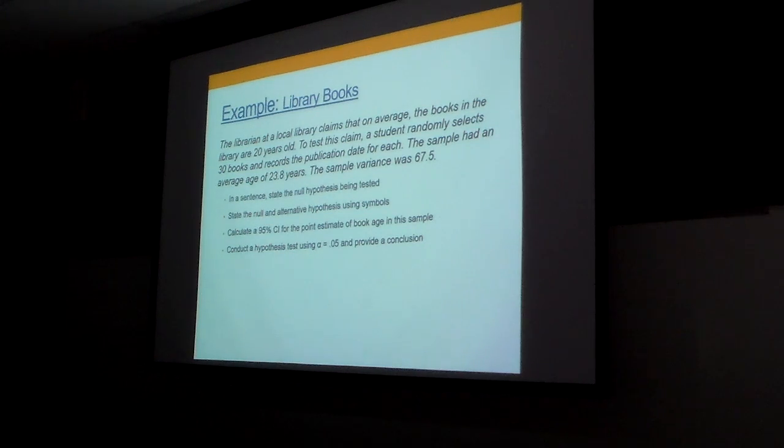Okay. So wanting to pull this all together. Again, once you start to get the hang of it, it starts to make some sense, right? We're saying, based on the data that we've collected, and assuming we've got a random sample of books in the library, our best guess for the average age of the population of books is going to be 23.8, with a lower bound of 20.7 and a high point of 26.9.